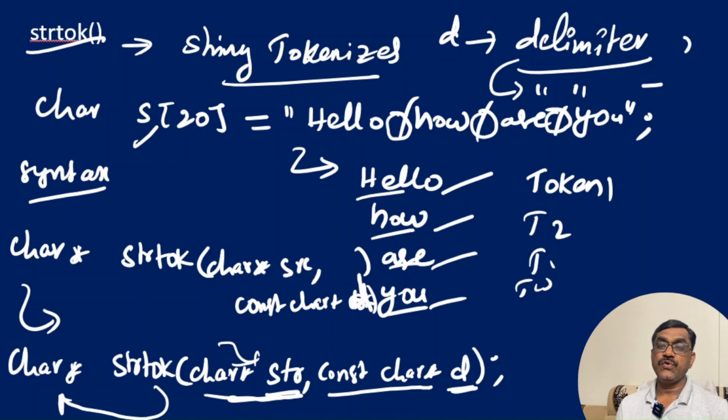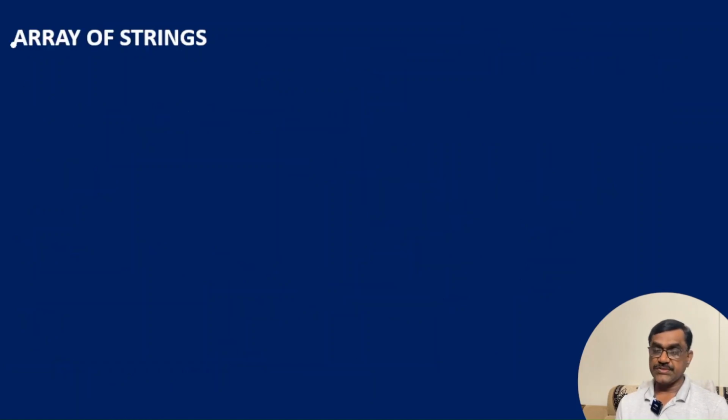Now, before moving on to the programming, let us start the concept of array of strings. Previously we declared ordinary strings. We know an ordinary string is defined by a character pointer or character array.